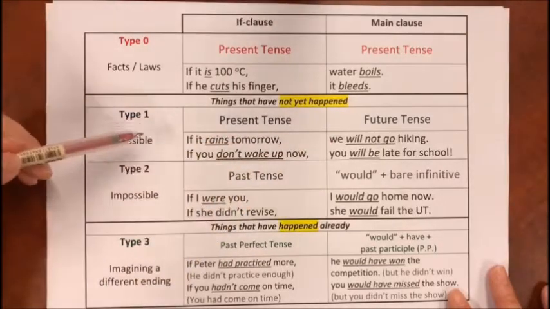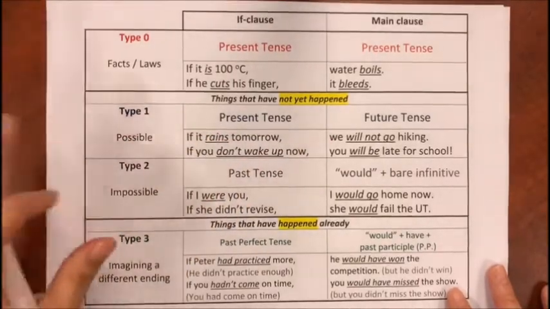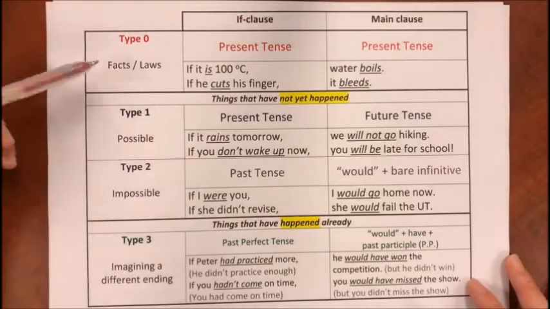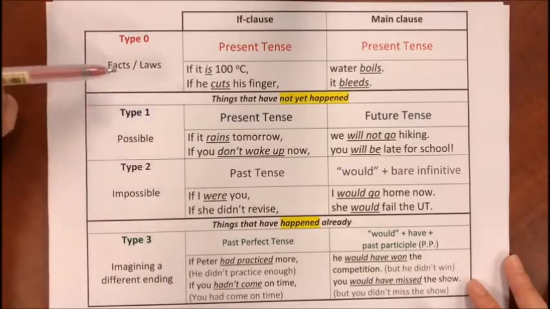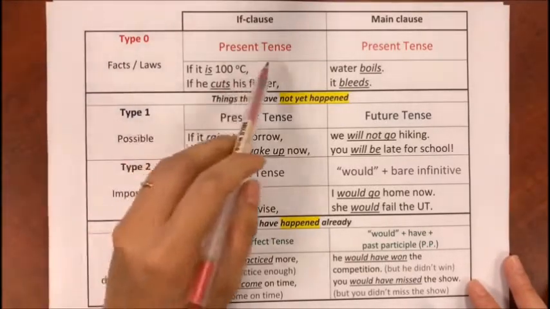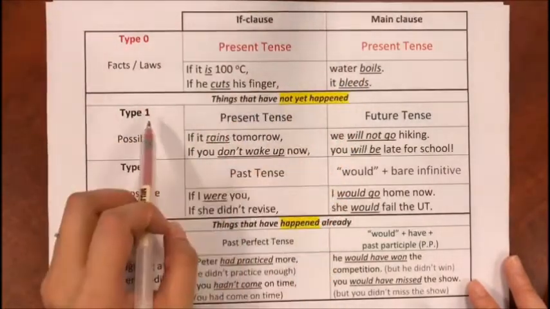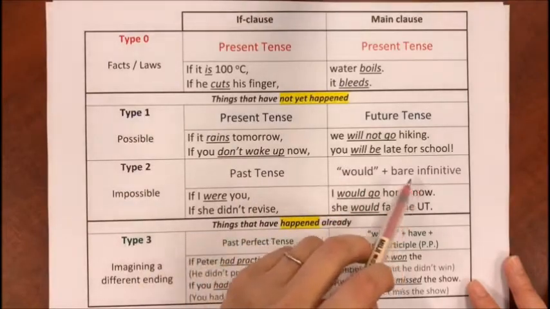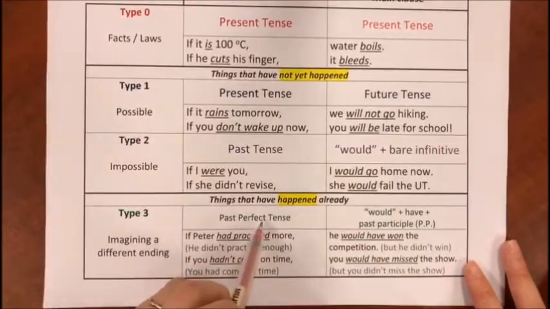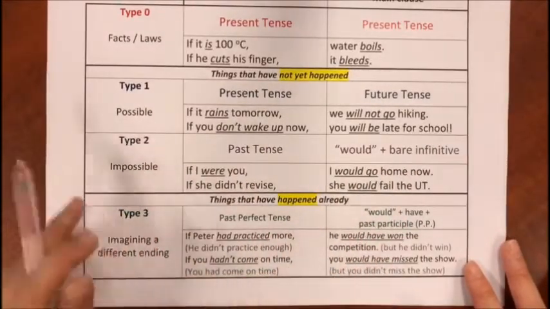We'll use future tense to show that it's a type 1 conditional. So the tenses have no meaning. It's just to identify different conditional sentences. And remember the combination: present tense, type 0. Present tense, future tense, type 1. Past tense, would bare infinitive, type 2. Past perfect tense, would have PP, type 3.